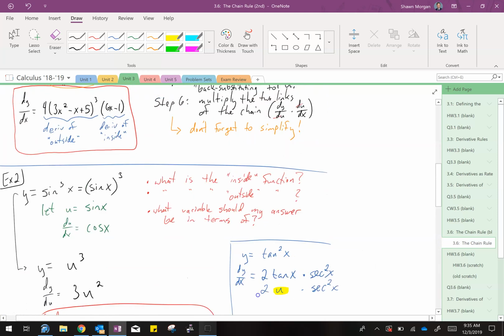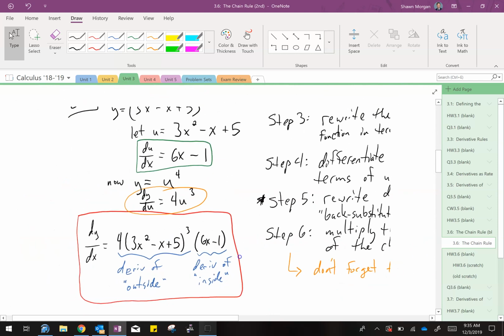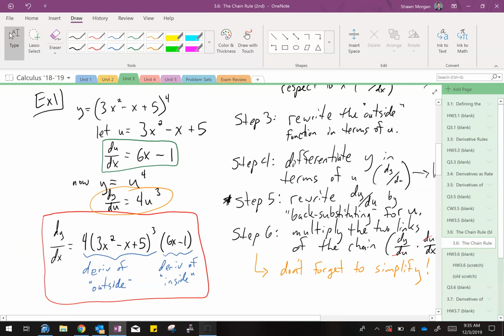Go back with me to this very first example that we looked at yesterday. We said, hey, look, you're going to differentiate the outer function. So we took our 4, we pulled it down front, and we dropped it by 1. Right? So that's where our 4u cubed came into play.